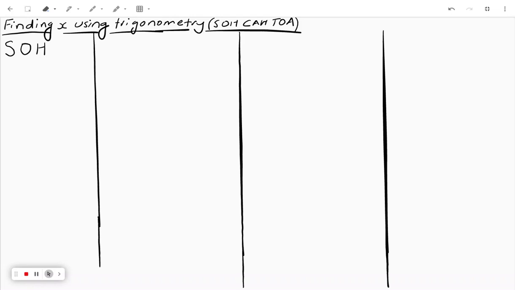Second one being CAH, C-A-H. And then the last one is TOA. We can all say that, can't we? So SOH CAH TOA. Now, I just need to explain what SOH CAH TOA stand for.